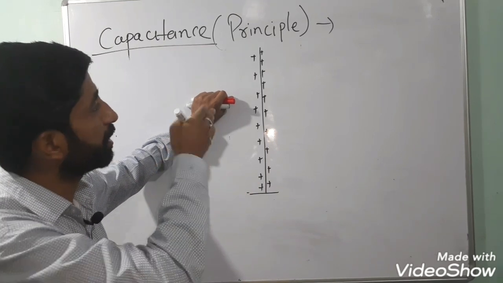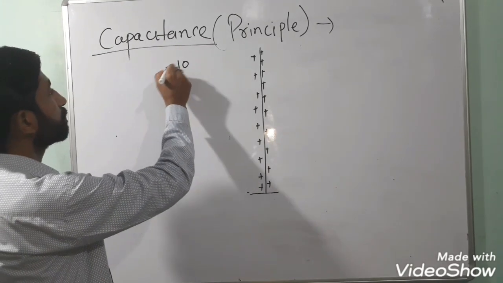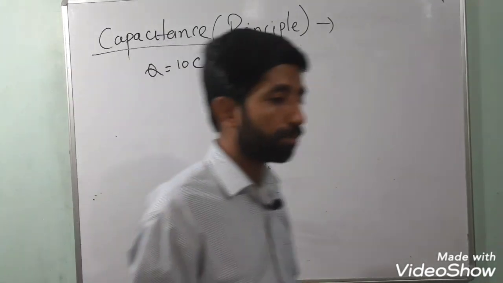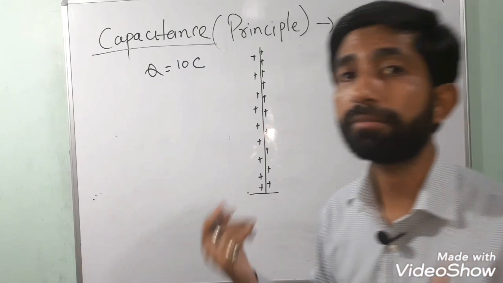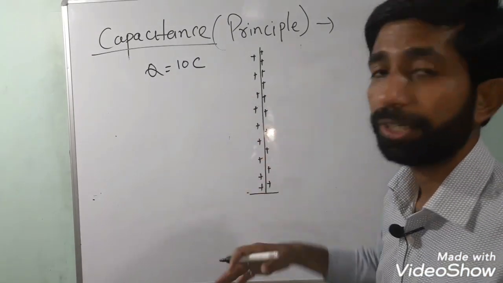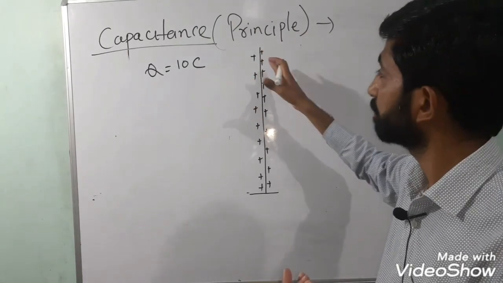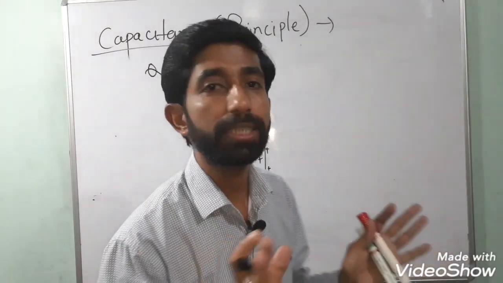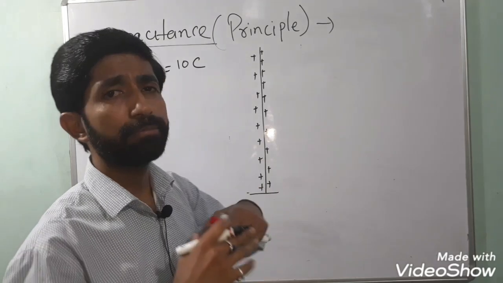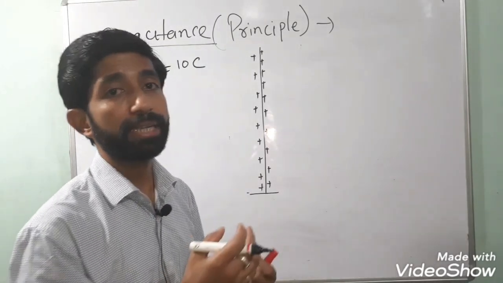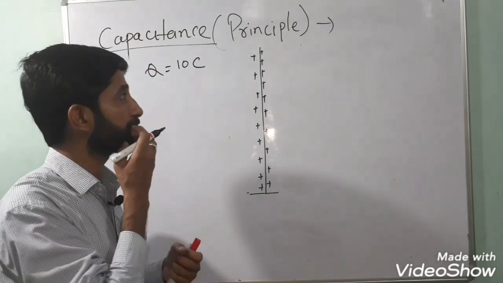Suppose the limit is Q equal to 10 coulomb; it means you cannot give more than 10 coulomb of charge to that conductor, otherwise it ionizes the air around it. Its field becomes so high that it ionizes the air around it. That is called the breaking point or breakdown field.